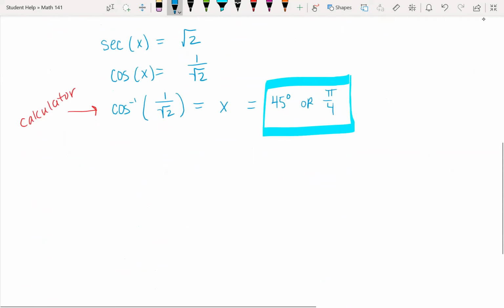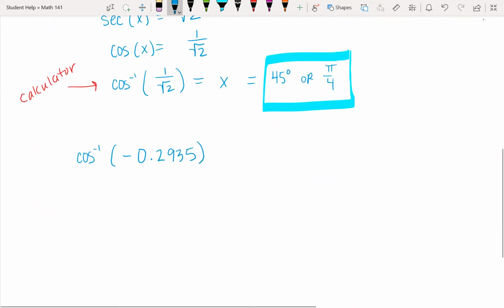So let's look at cosine inverse of -0.2935. This is asking us, what angle has a cosine of -0.2935? We can just plug this straight into the calculator.